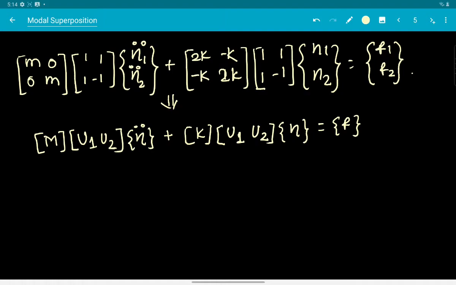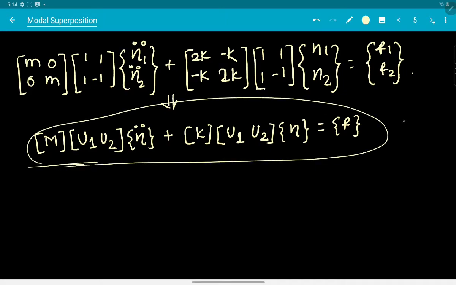You can exchange the locations of 1 and 2 and still get a similar result. So we are going to pre-multiply this entire equation by the transpose of this U matrix. What is this U matrix? U is the matrix which has mode shapes as its columns.